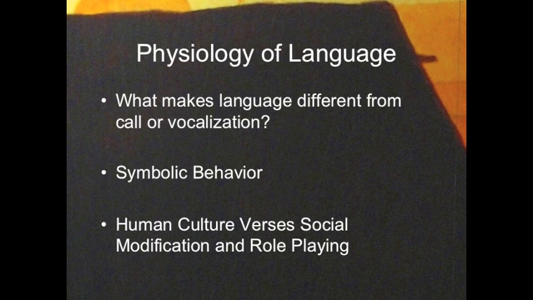The other quality that makes human beings very unique among primates is that we have a culture, and that as a culture, it is not grounded solely on the idea of social modification and role-playing. It is much more abstract than that in terms of how it is shared from one generation to the next. So keep those in mind as we highlight this fourth and final area within our understanding of human culture and human biology.